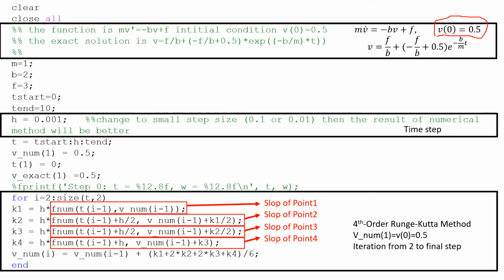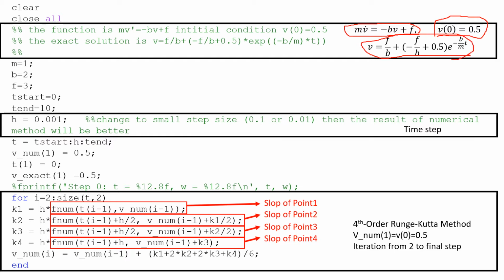This governing equation is similar to our homework too, but it is not exactly the same one, so you need to modify it by yourself. Okay, so for example, our governing equation is m v dot equals negative v b plus f, and our solution should look like this one. So we already know the solution.